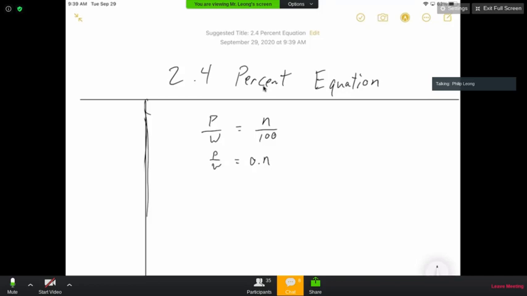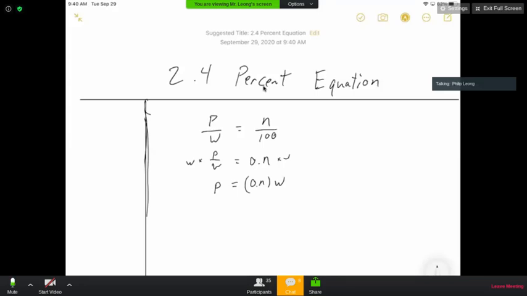And then the next thing you can do is you can multiply by W on both sides, and you get our new equation, which is part is equal to the decimal percent times W. Now, you might think, Mr. Lang, that's really confusing. Actually, this is what we did at the very beginning, chapter of lesson 1, right?